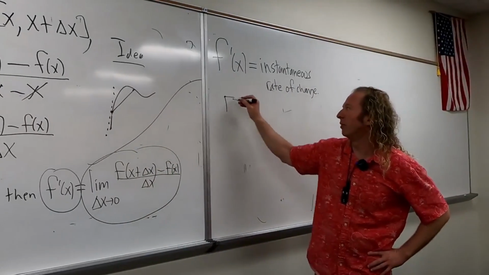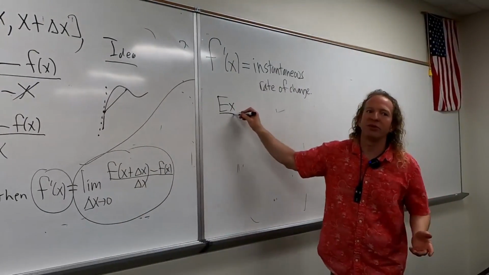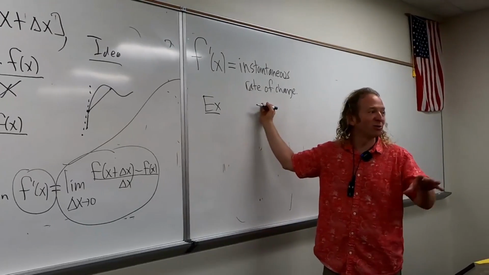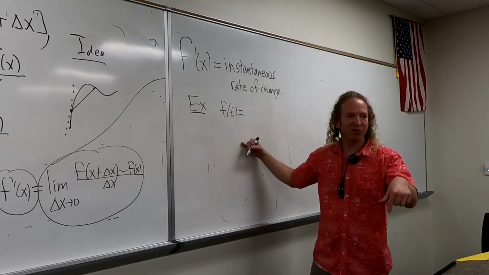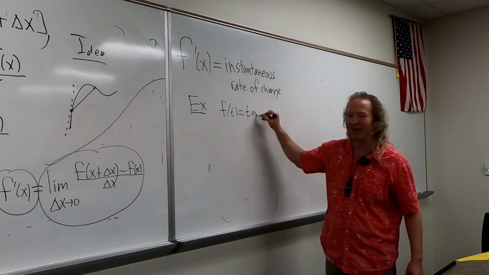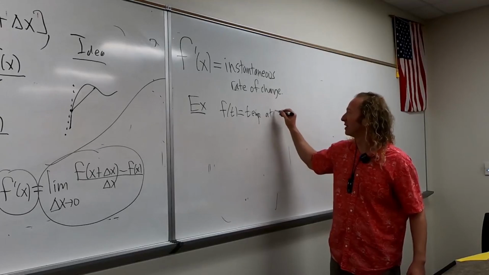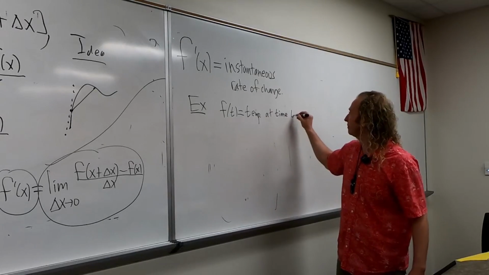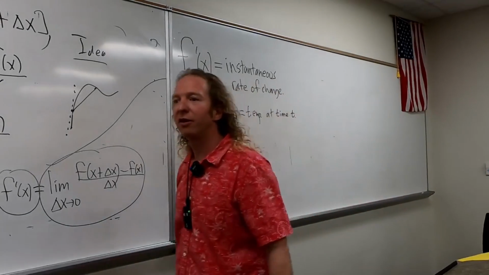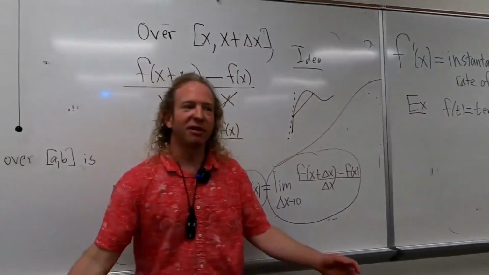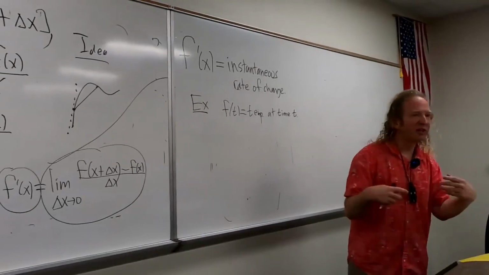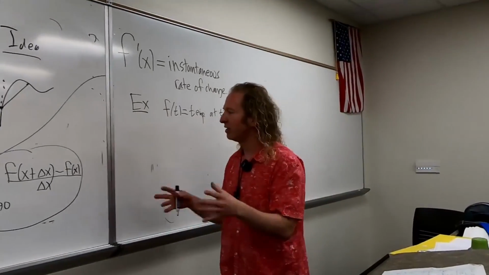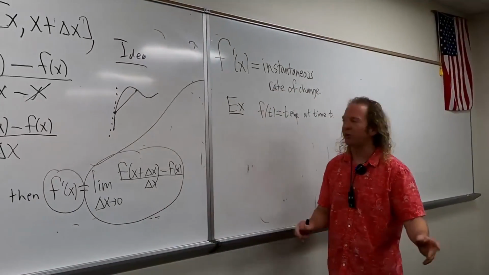As a simple example, just for intuitive purposes, it's hot in this room, so let's use this example. Let's say f of t is the temperature in this room, the temperature after t minutes. So you plug in a value for t, there's a formula, and it gives you the temperature, like 80 degrees, 85 degrees, 100 degrees, 120 degrees.